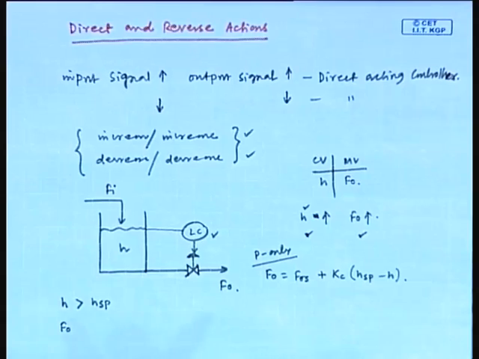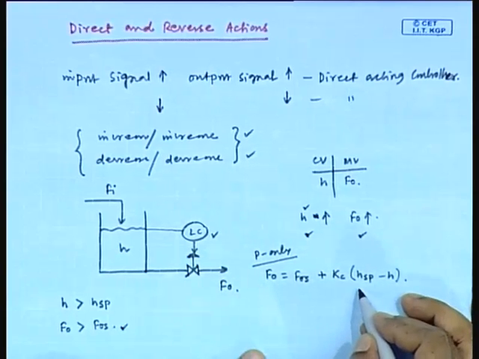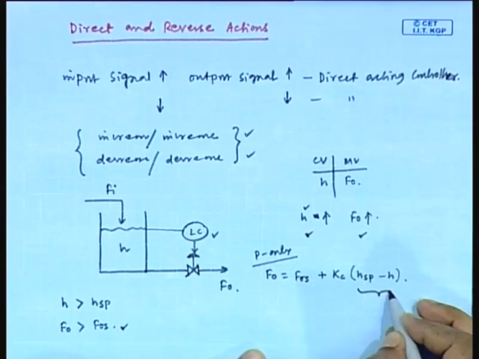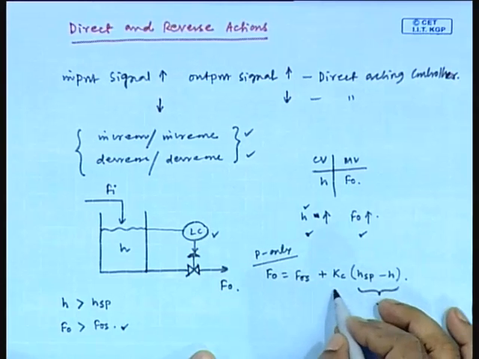It should be greater than F naught S. If height is greater than H set point, then what about this term? It is negative. Now, how is it possible to maintain F naught greater than F naught S? If Kc is negative.